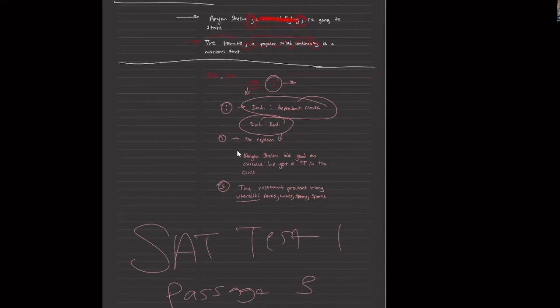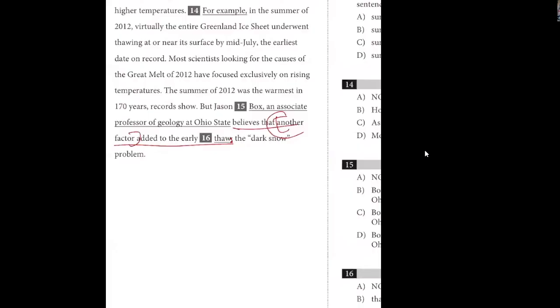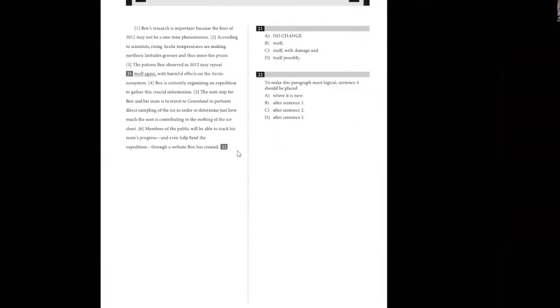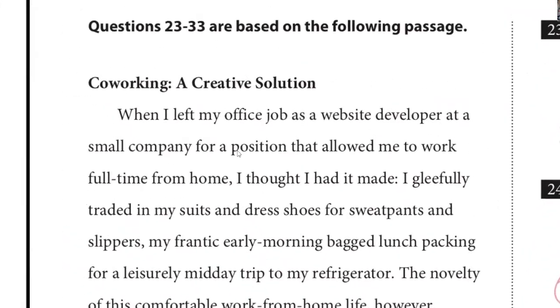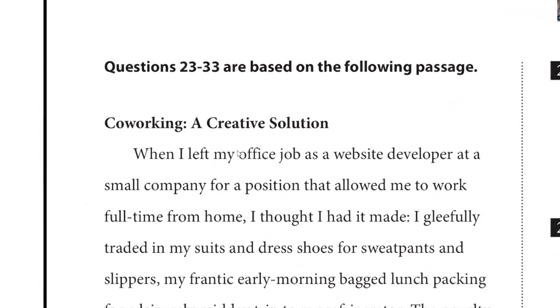Make sure to take passage 3. Passage 3 is going to be a narrative about a guy finding an office area. I believe that's what it was. Let's go and check. So it is co-working creative solution. That's the one. And I will provide a link for that in the Google Classroom.